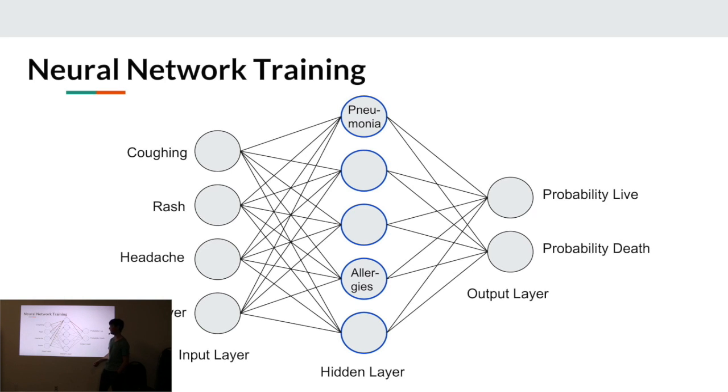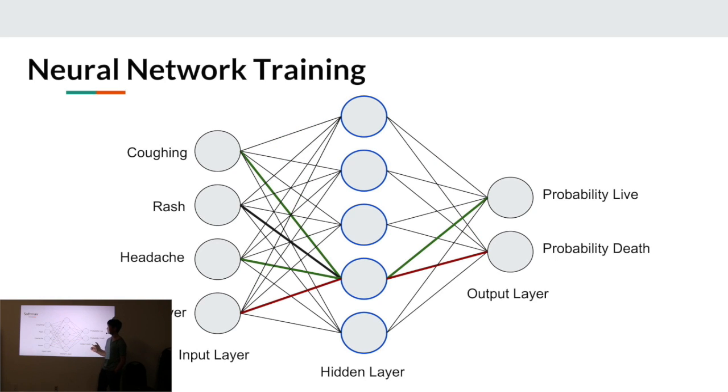All it notices is that when you're coughing and you have a fever, and you don't have a rash, then you might die. Likewise, if you're coughing and have a headache but no fever, then you probably will live. Upon further examination by a human, we know that the neural network is grappling with the idea of allergies, but the neural network doesn't actually know this itself.